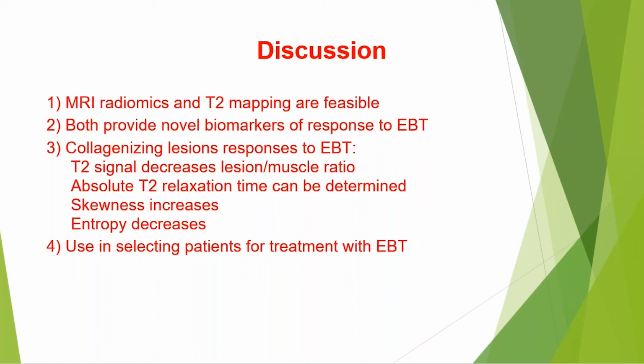And then you see that in the lesions responding to electron beam therapy, with the radiomics, we see a T2 signal decrease from lesion to muscle ratio. The absolute T2 relaxation times can be determined, and they decrease. We see that skewness, that radiomics parameter, does increase, and the radiomics parameter entropy decreases.